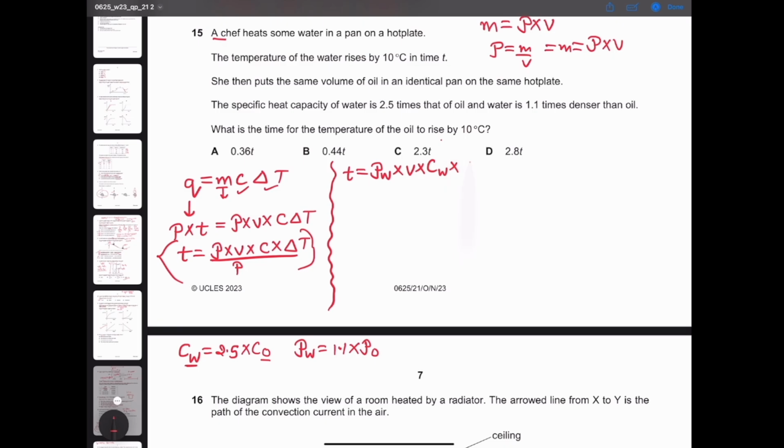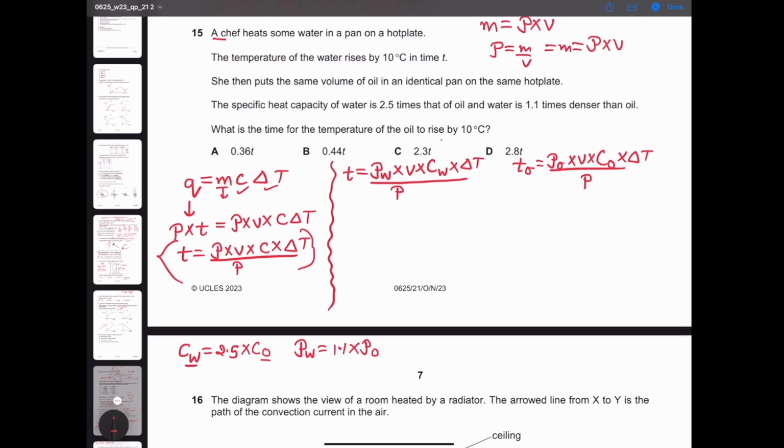I'll take it as delta T only. And the power must be same for both. Now, the time for oil should be density of oil into volume into specific heat capacity of oil into delta T, which is same for both, and power supplied is also same. They're nowhere mentioning that we increase the heat or decrease the heat, so power should be the same.